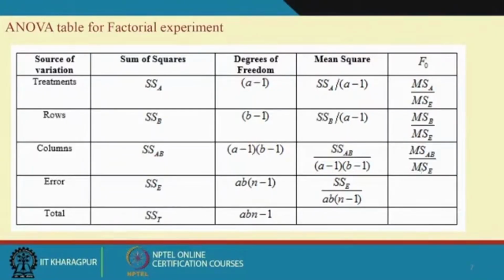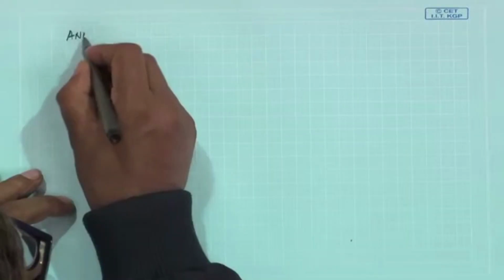Now, once you compute the sums of squares, you will go for the ANOVA table. What will be the ANOVA table here?